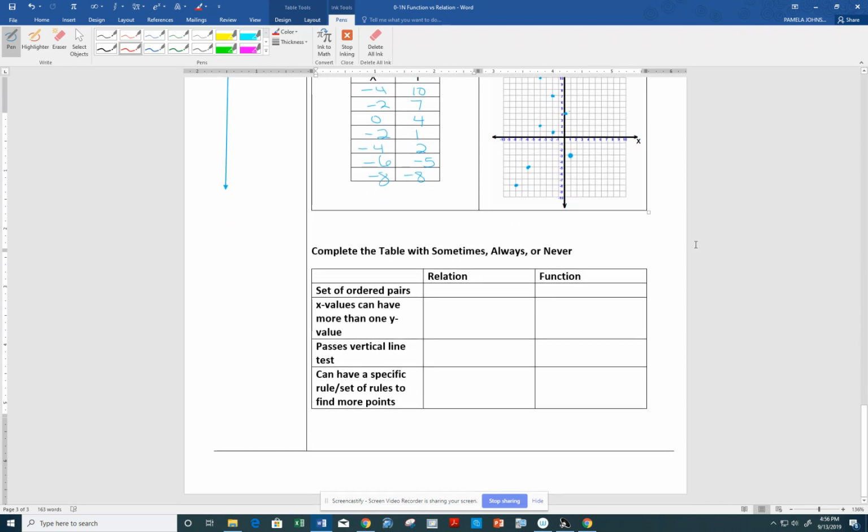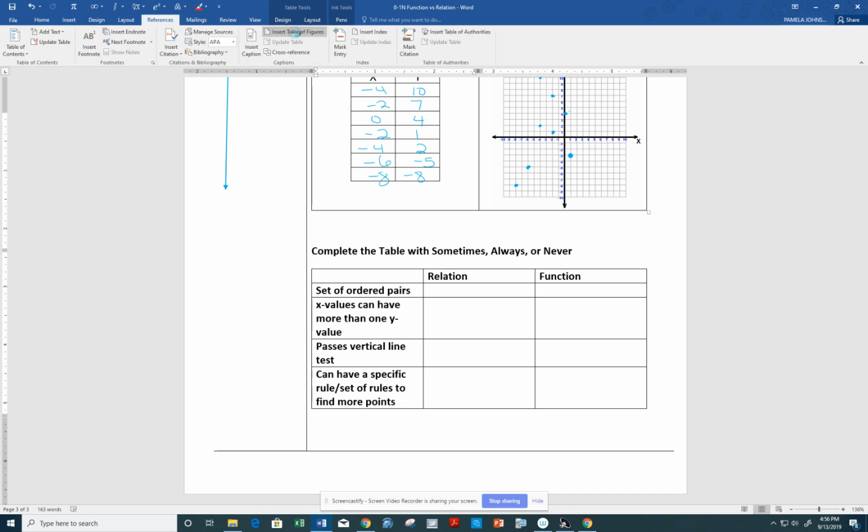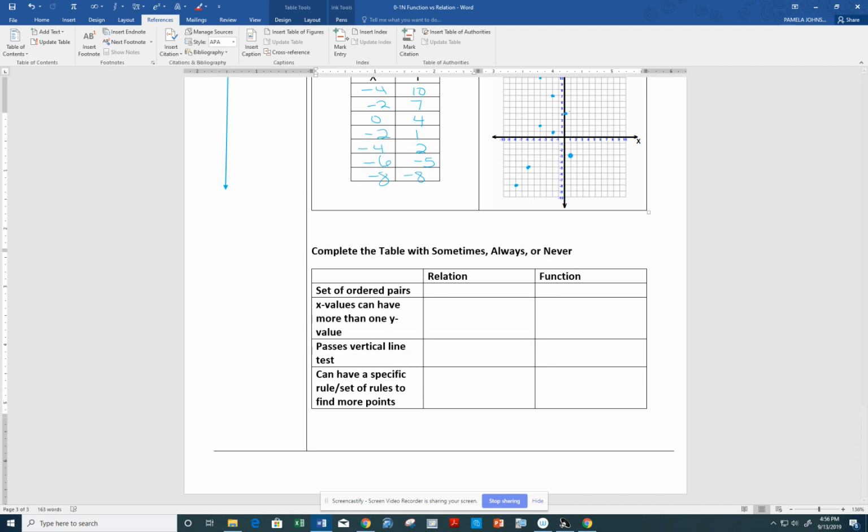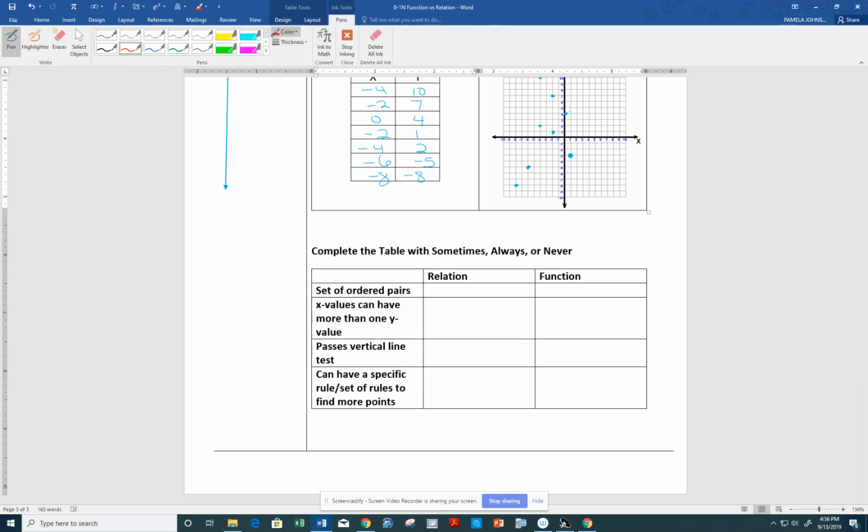Okay. Let's take a look at this table here. There are certain features about relations and functions that we want to make sure to remember. Both relations and functions always have a set of ordered pairs.